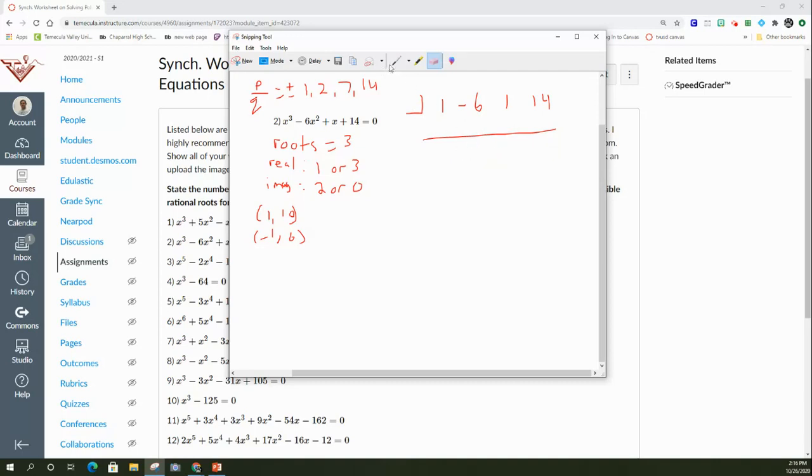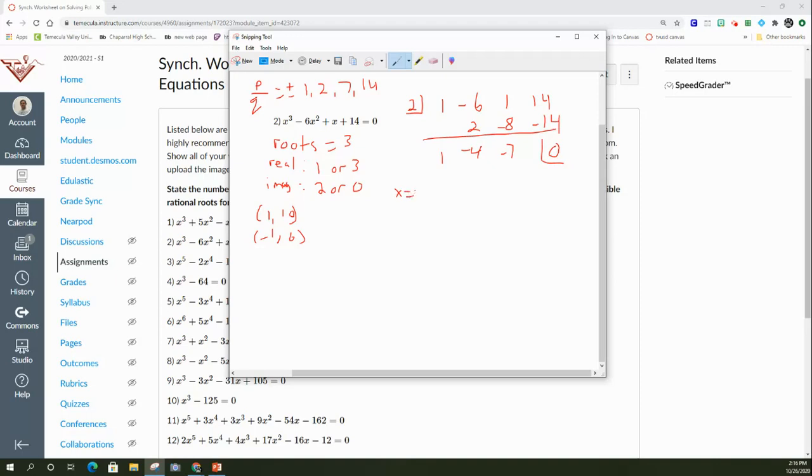If we try 2, add that up, I get negative 4. Multiply there, I get negative 8, negative 7, and then I get negative 14. And so 2 works. So one of my answers is x equals 2.